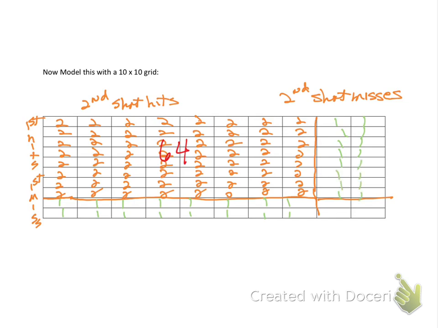Okay, and remember, each of these is going to happen 16% of the time. So this is 16 and this is 16. And then the last scenario is if the first one misses and the second one misses. So that's going to result in 0s.